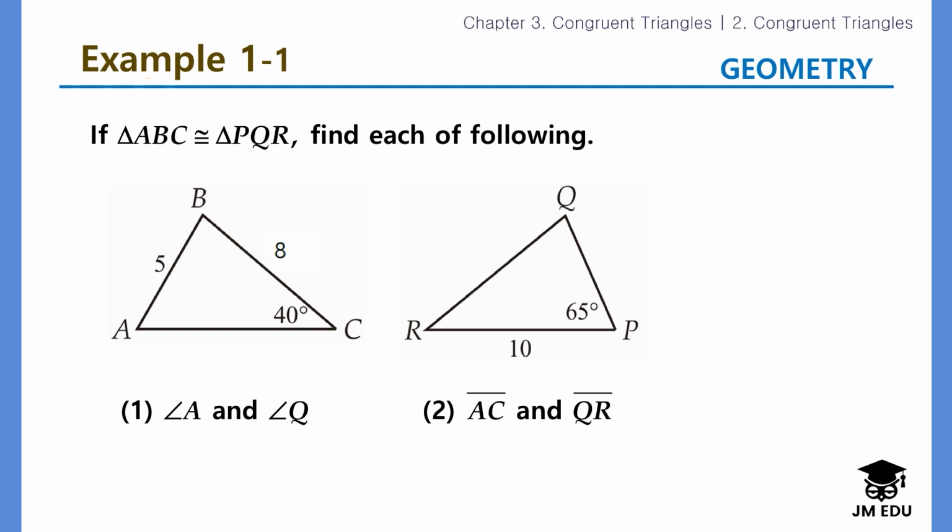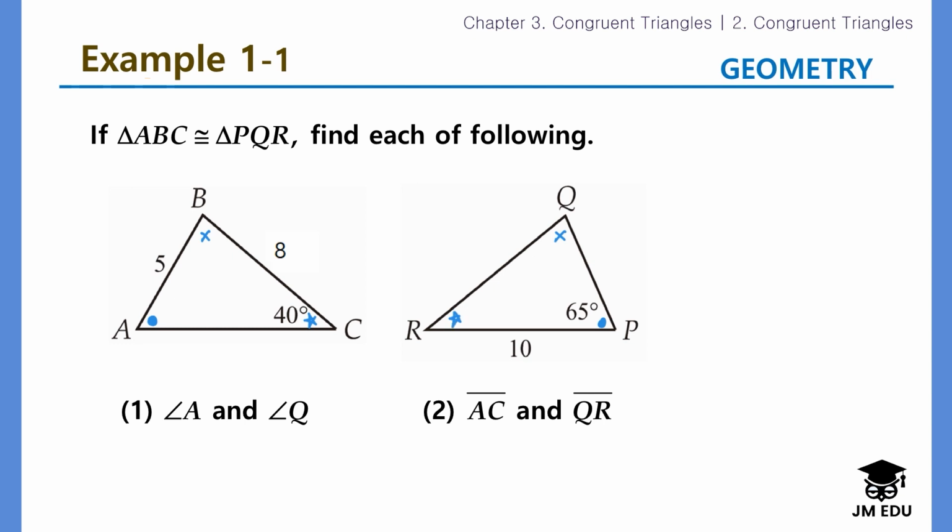Then that means angle A is congruent to angle P, angle B is congruent to angle Q, and angle C is congruent to angle R.